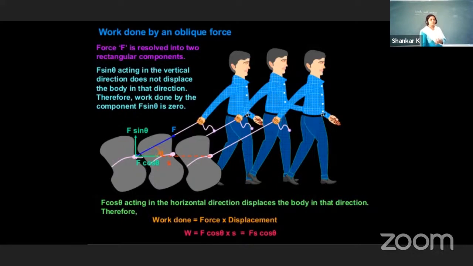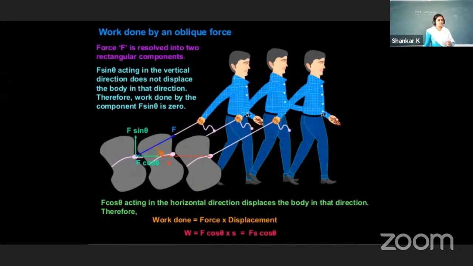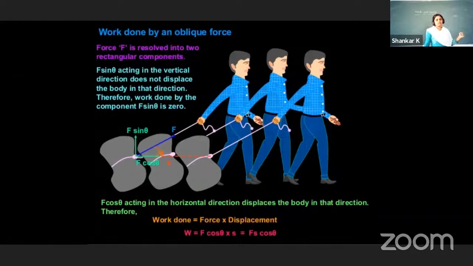So here, the force acting in the horizontal direction displaces the body in that direction. In whichever direction he is drawing the load, the load will move in that same direction. He is applying the force by dragging it. So this is work done.